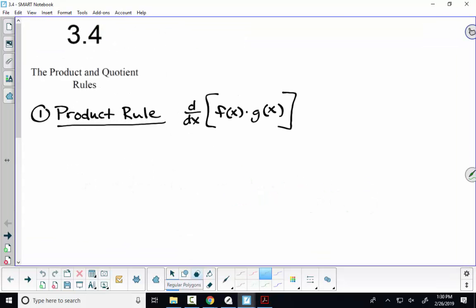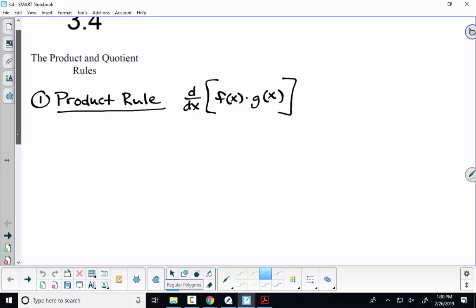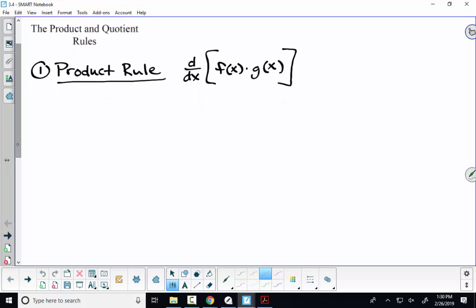So 3.4, we're going to look at the product and the quotient rule. This is really where the derivative rules start to pick up. Like I said, I would use note cards or just practice writing these rules down over and over, whatever it takes for you to remember these rules.